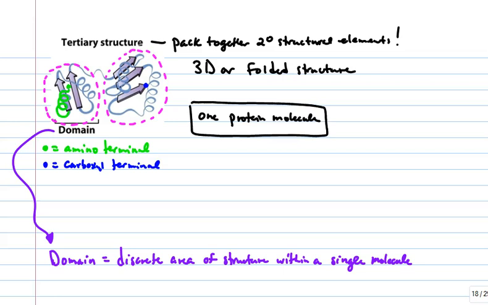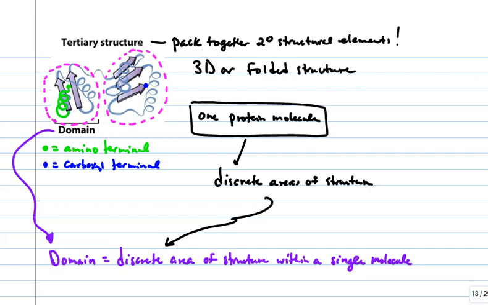But one protein molecule can have discrete areas of structure. And that's where something called a domain comes in. If you look at this protein here, is it one molecule? Yes.